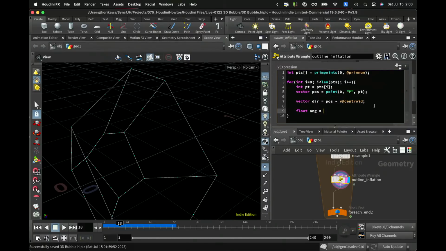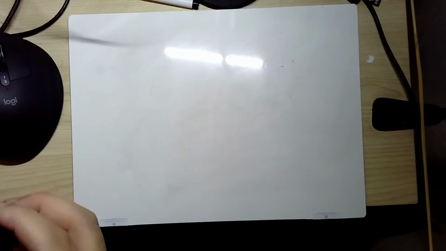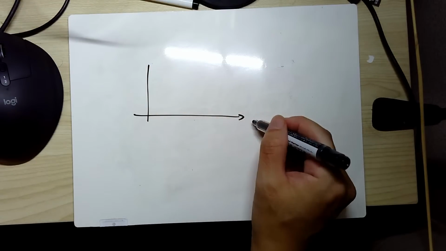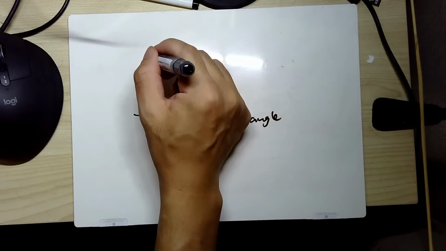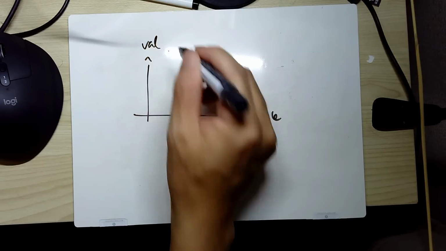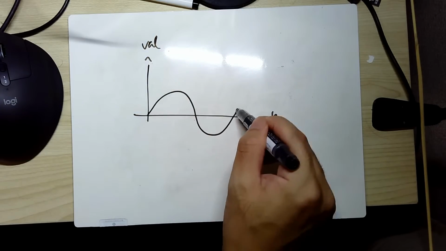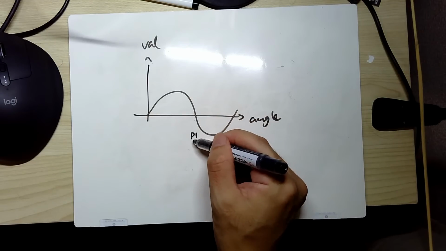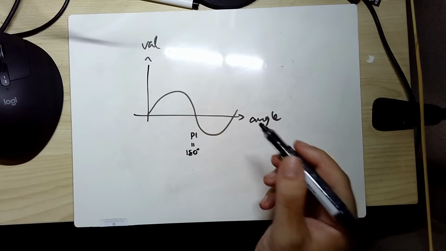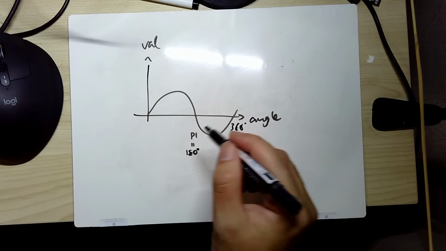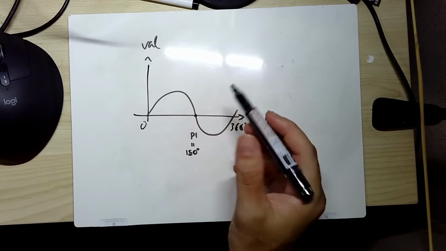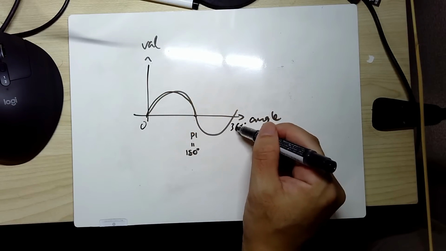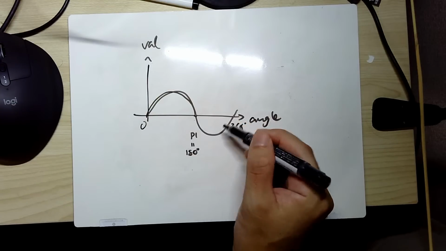And the sine wave is like this: when the angle is equal to pi, which is equal to 180 degrees, you get the mountain shape like this from 0 to pi, and from pi to 360 you are getting the negative value.